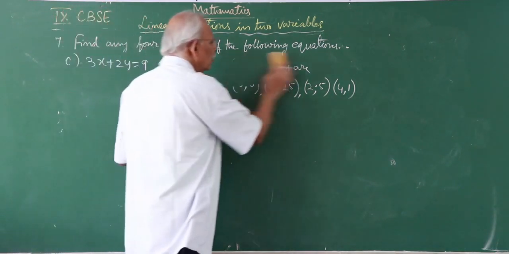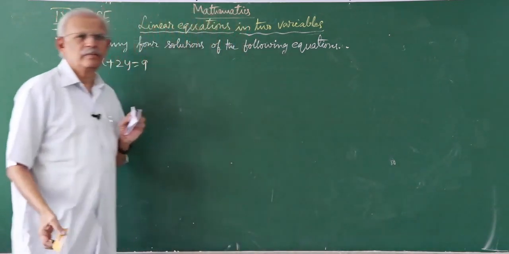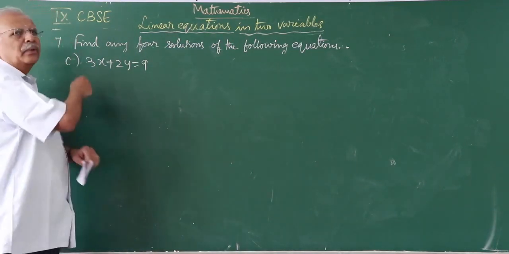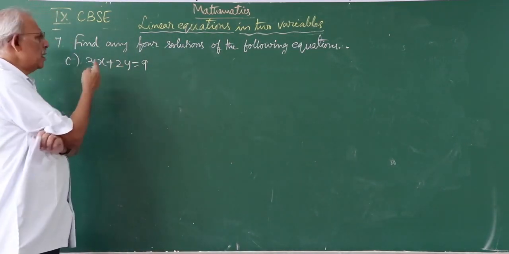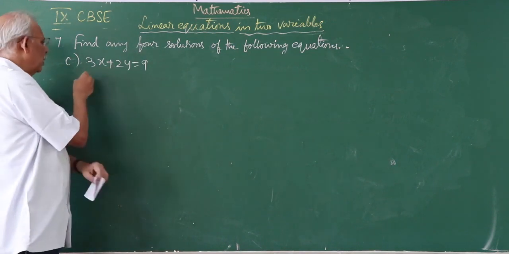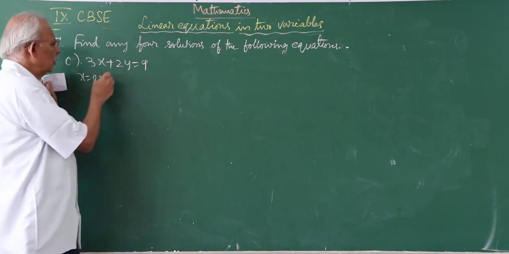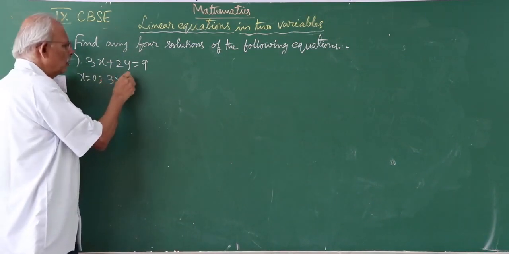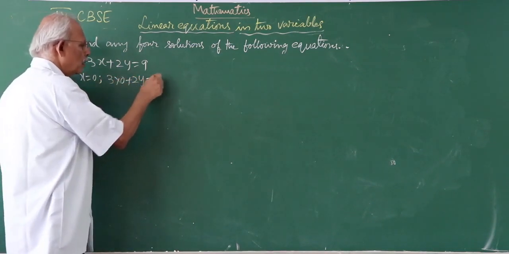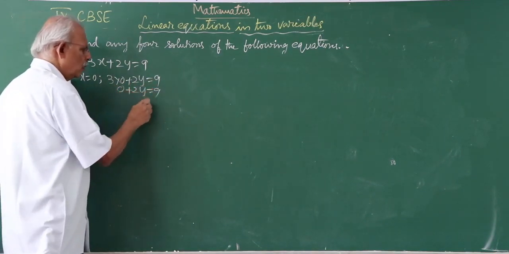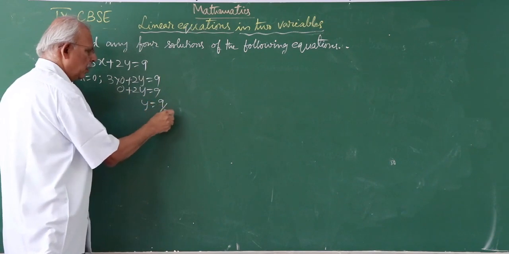Here you can assign the same type, but here it is 2y. Look here, put x equal to 0. So 3 into 0 plus 2y equals 9. 3 into 0 means 0, plus 2y equals 9. So y equals 9 by 2.